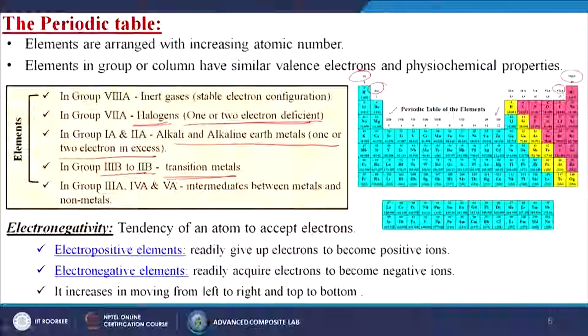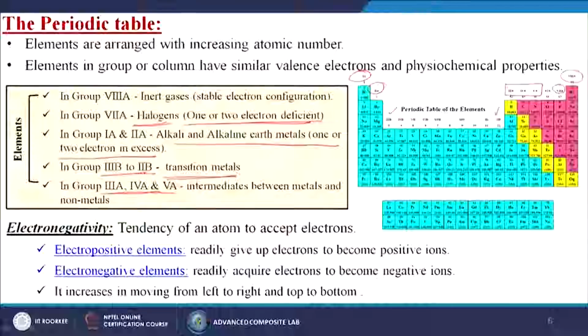In groups 3A, 4A and 5A, the elements are intermediates between metals and non-metals, like boron, carbon, nitrogen, aluminum, silicon, phosphorus, gallium, germanium, arsenic, and so on.